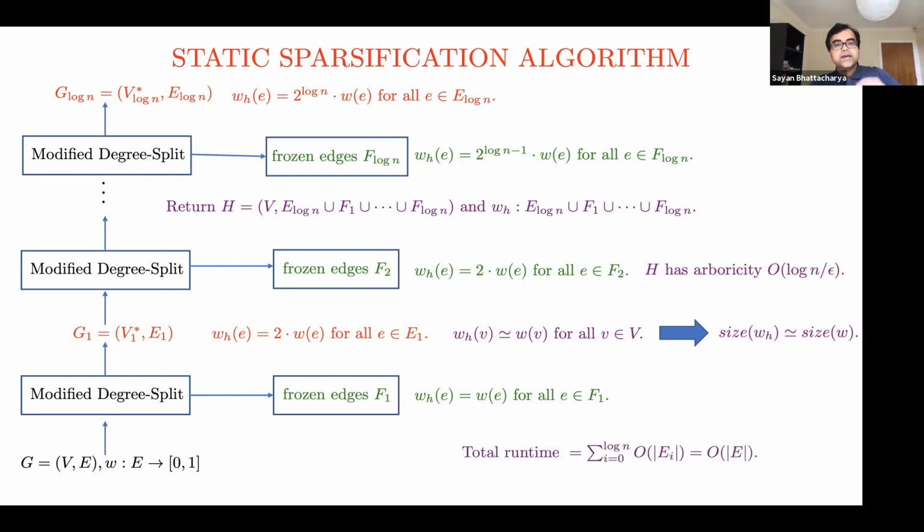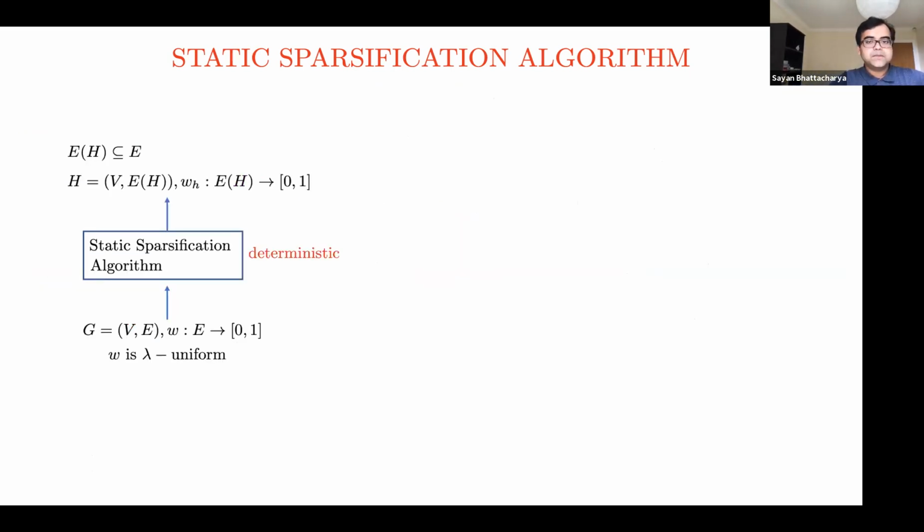And the total runtime, we are doing this log n times, but after each round, the number of edges keeps getting halved. We get a geometric series. The total runtime is still linear. So now, in the next 5 minutes, I will just show how to make this entire thing dynamic. But first, let's just quickly recap.